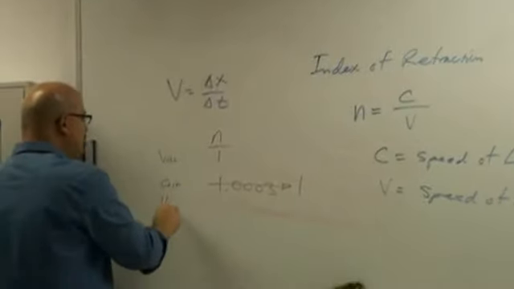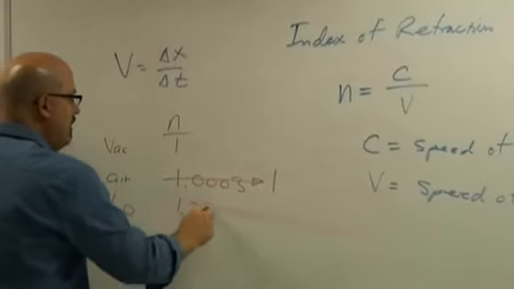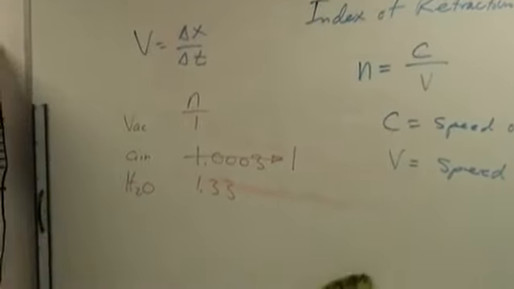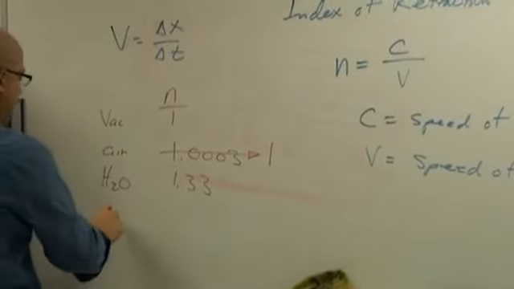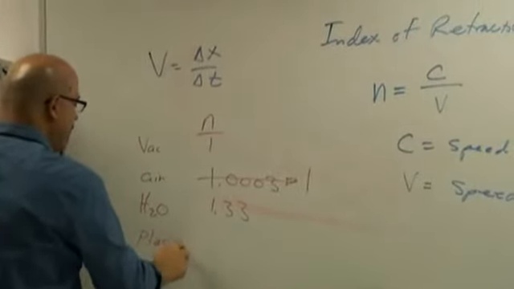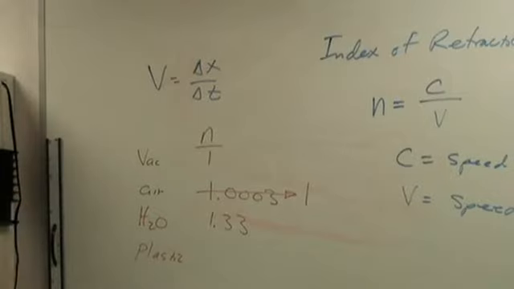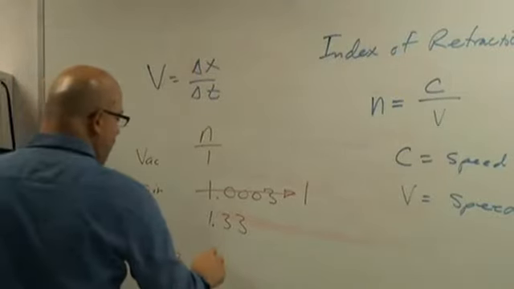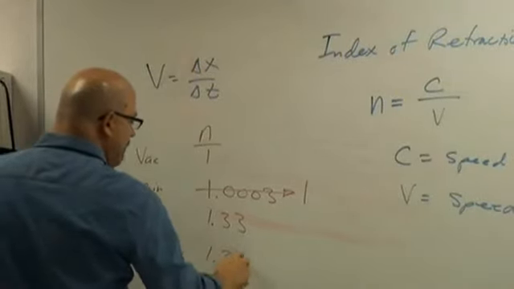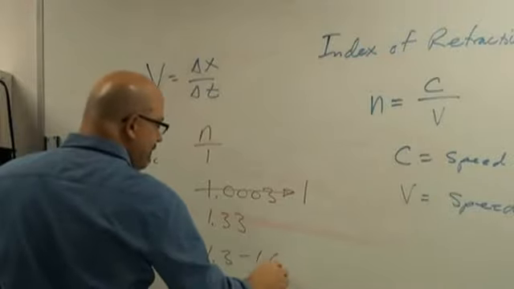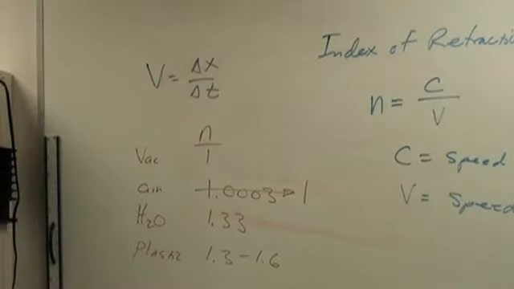Okay, water, H2O, 1.33. Okay? Plastic. There are different types of plastic. So you're talking somewhere around 1.3 to 1.6, somewhere in there.